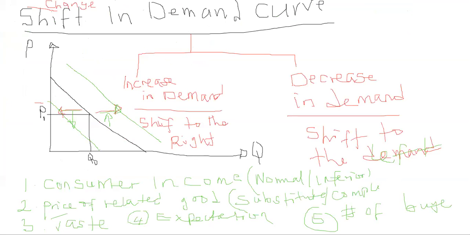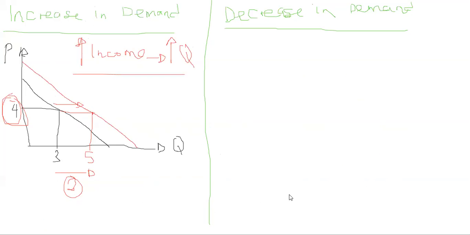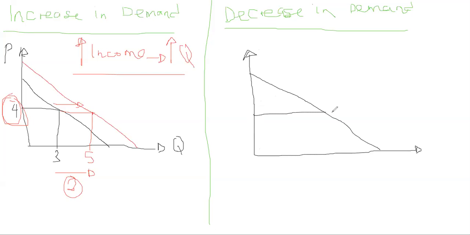So when we say decrease in demand, let's say that this is our original position. Then the quantity demanded at the price of 4, just like here, was 3.